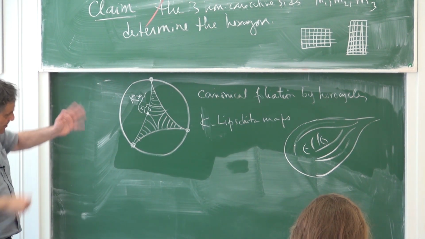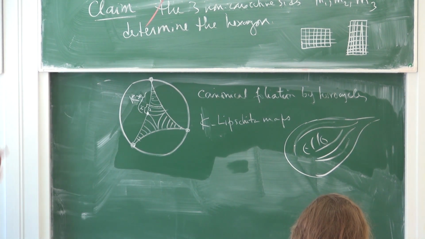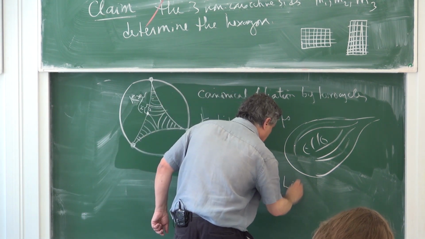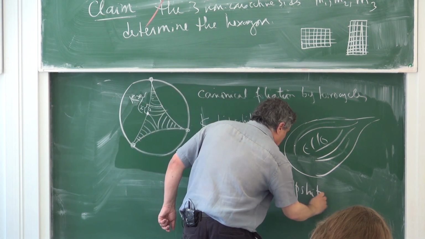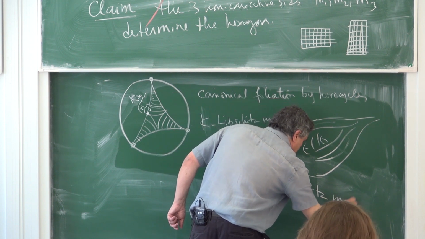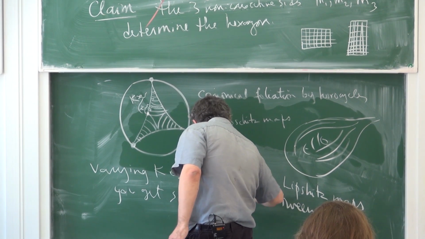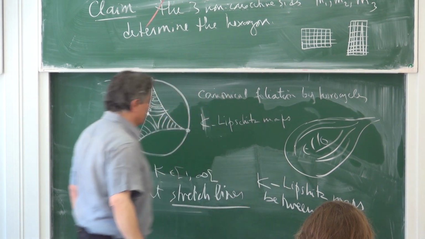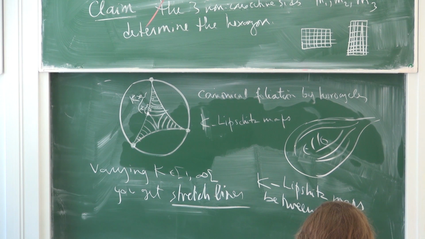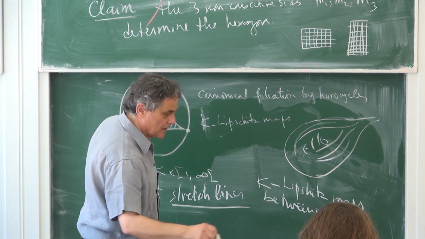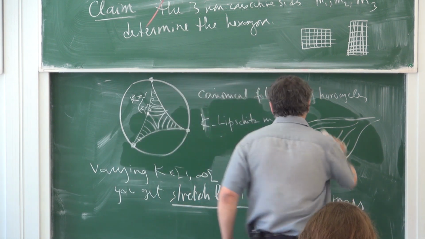You use these maps in some circuitous way to build K-Lipschitz stretch lines. So these are, let's draw it, like this here.